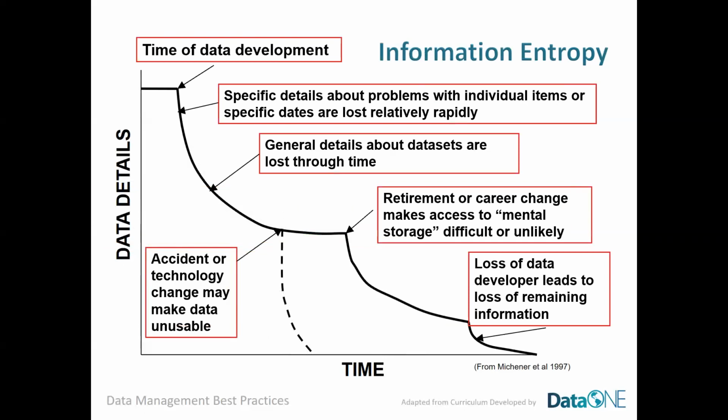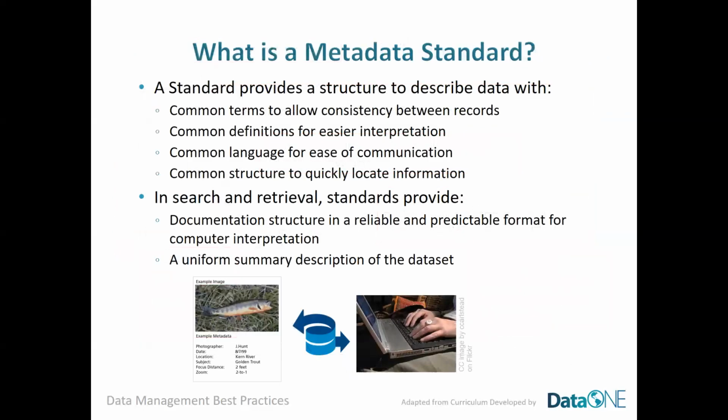Sometimes the loss of your data developer leads to loss of remaining information. So you need to document your formats and tools for data capturing, which can help with data preservation and migration over time.